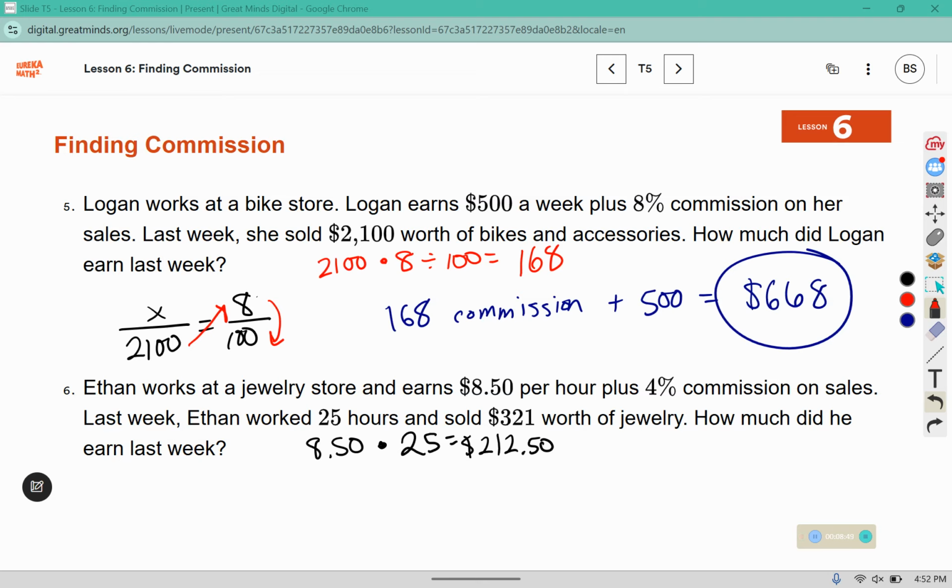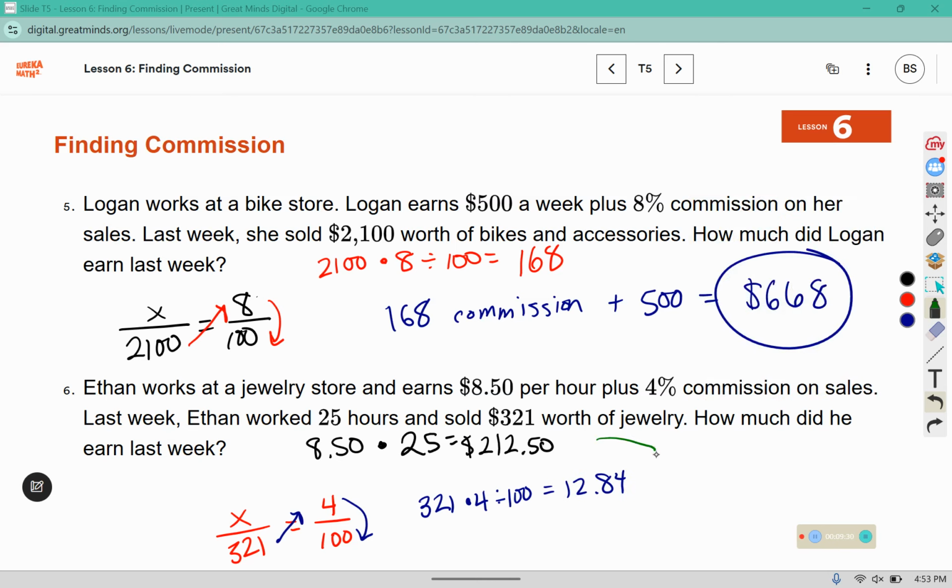And then we also need to figure out the commissions. He earns 4%, and the amount of money that he sold was $321 worth of jewelry. Cross multiply and divide. $321 times 4 divided by 100 is $12.84.